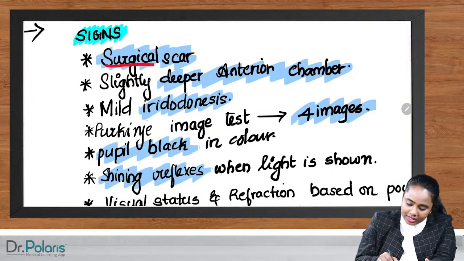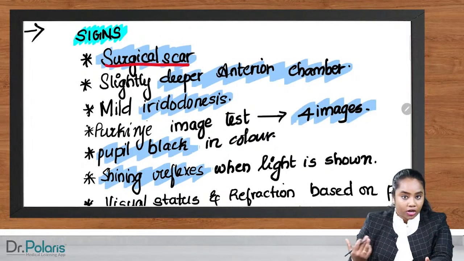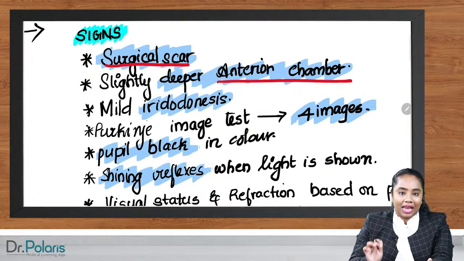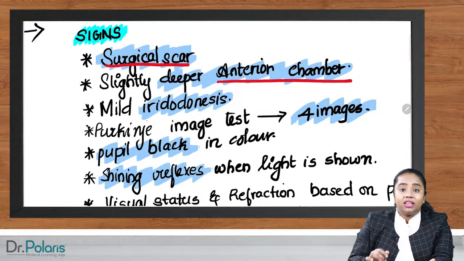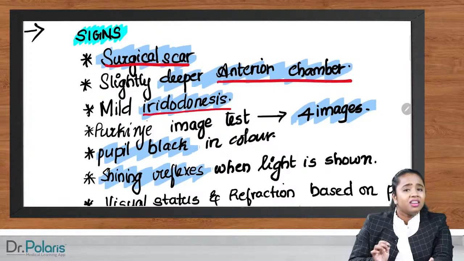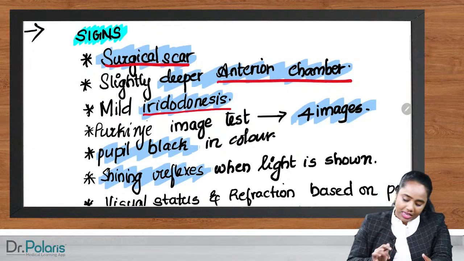A surgical scar will be seen in the corneal or limbal area. Then the anterior chamber, which is usually slightly deeper compared to the normal value, and then mild iridodonesis. Iridodonesis was there in case of aphakia; here mild iridodonesis can be seen.